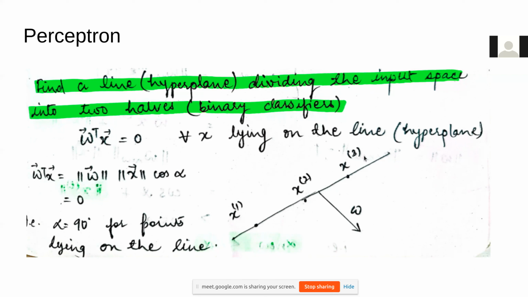In this high dimensional space, when we talk about dimensions more than 2, a line will not make much sense, and therefore we use the notion of hyperplane here.